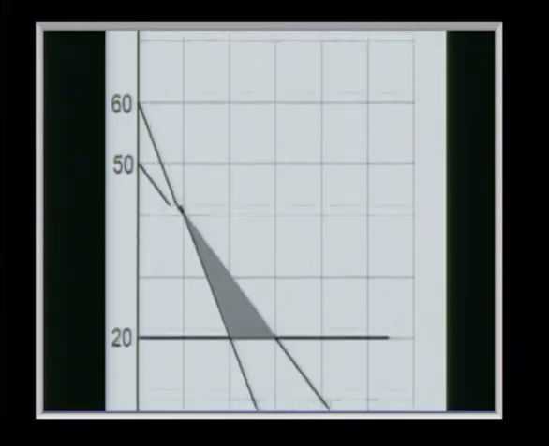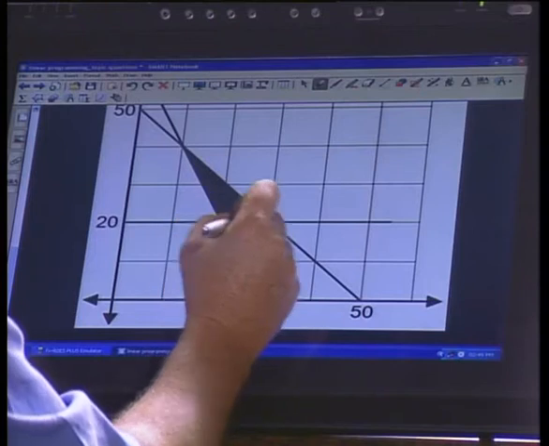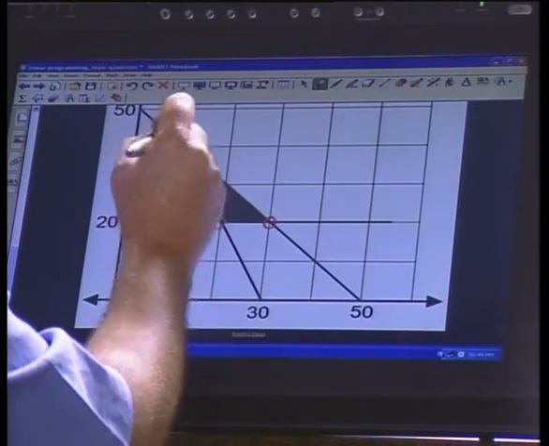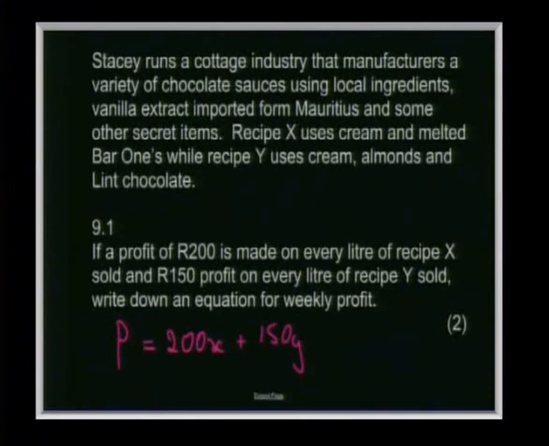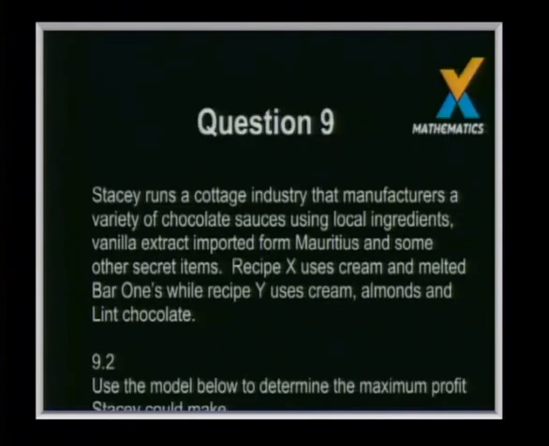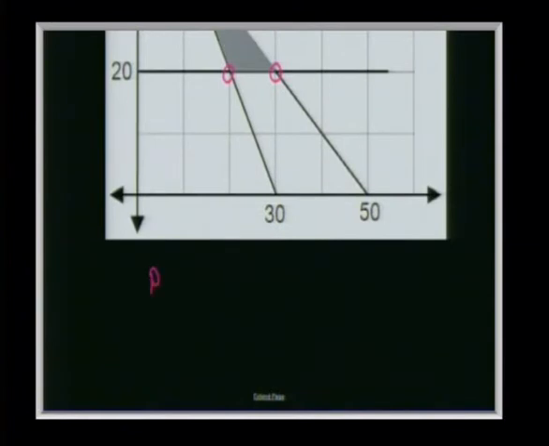Same question, and they gave us the grid. Now have a look here. Here are 3 vertices that we can clearly read off from the model that they gave us. So all we're going to do is take our profit, and let's just go back so we can remember what it is: 200X plus 150Y.